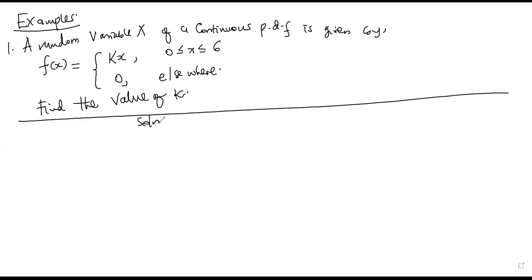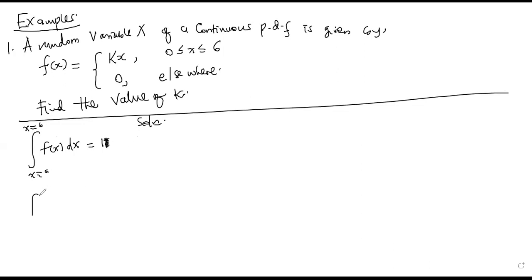Solution: to get the value of k, we said that, though one may not quote this formula, the integral from x is a up to x is b of f of x dx is equal to 1.